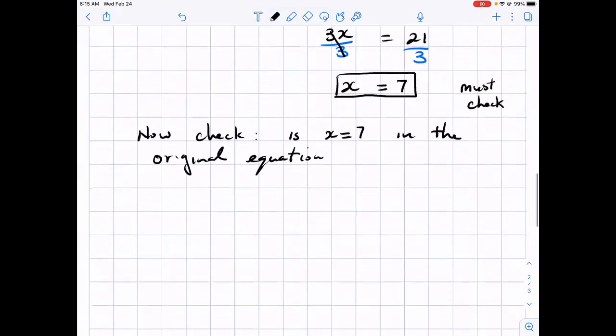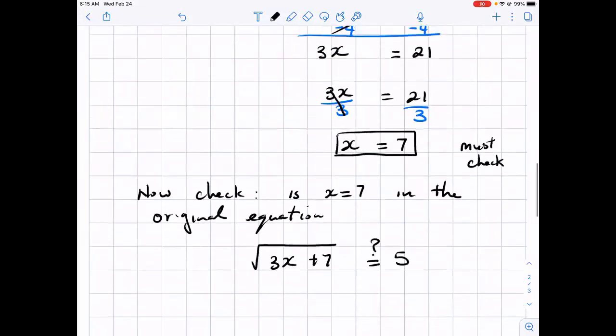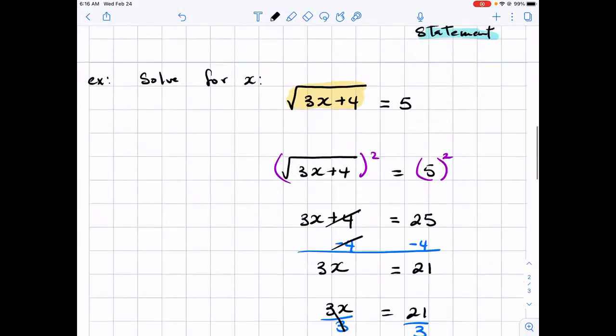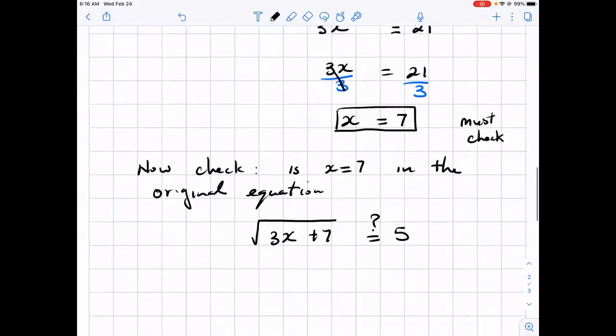The original equation is the square root of 3x plus 4, and is that equal to 5? That's the original equation.